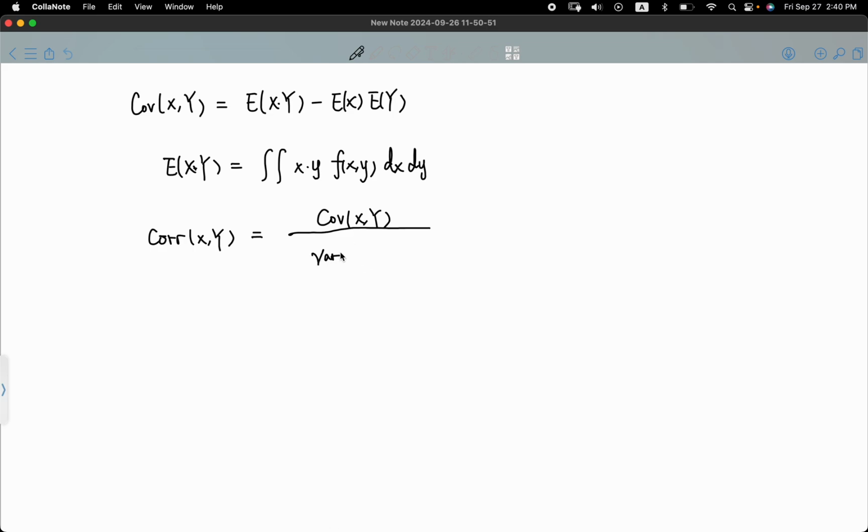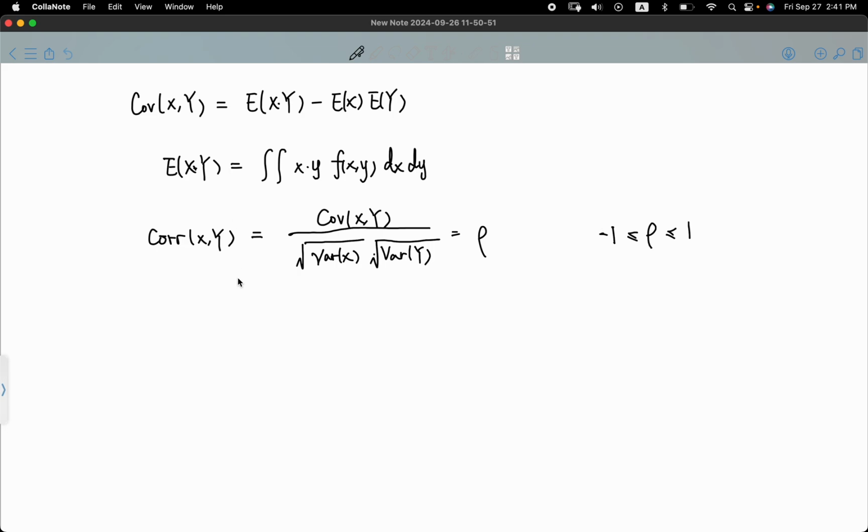So the variance of x and the variance of y, but you need to take the square root, which is essentially the standard deviation. And sometimes people also use rho for this correlation, and this rho is some number in between plus 1 and minus 1. And later we will also use this equation to develop some more results in later lectures.